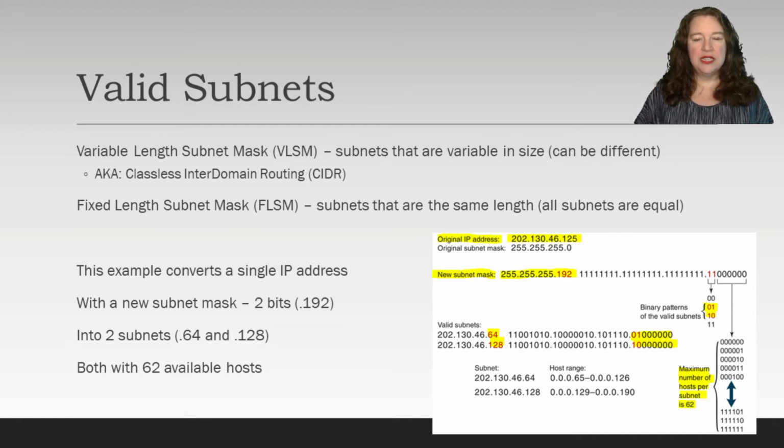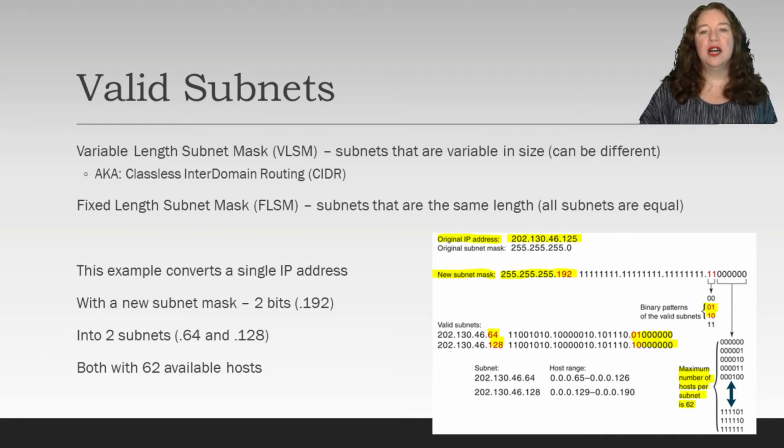When we do 0, 1, 0, 0, 0, 0, 0, 0, sorry, I had to put in 6 there, we get 64. And the second subnet is 128. These are our 2 possible subnets, 1, 0 and 0, 1. So we've broken up our possible subnets into 0 to 64 and 65 to 128. Okay, so 64 and 128 are our 2 valid subnets.